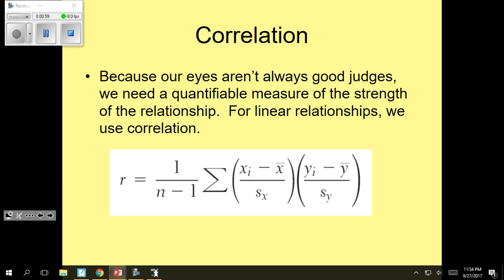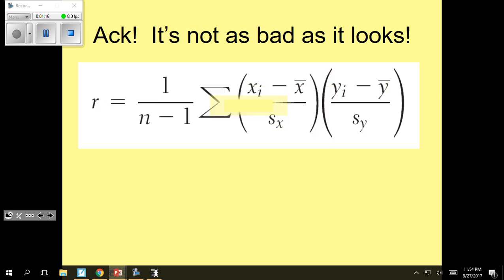R equals 1 over n minus 1 times the sum of x_i minus x bar over s of x times y_i minus y bar over s of y. That's not really as bad as it looks. That parenthesis is the standardized value for the x's.